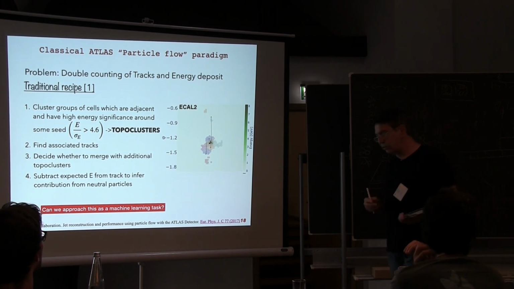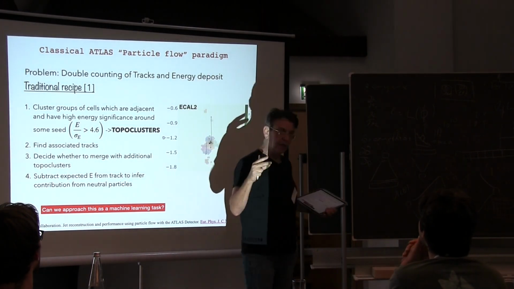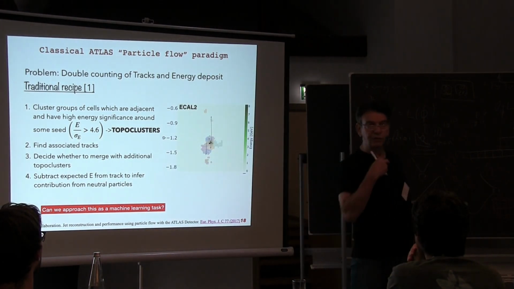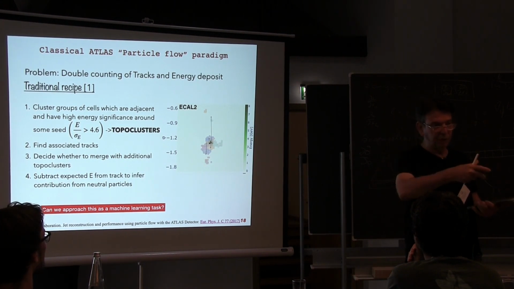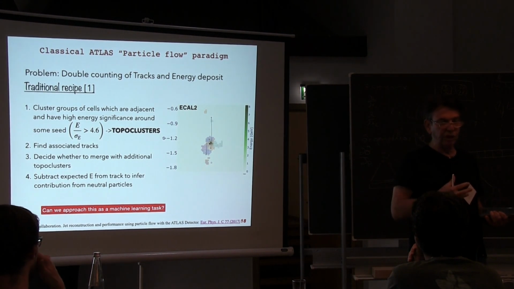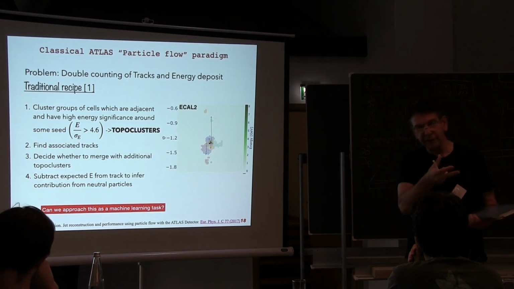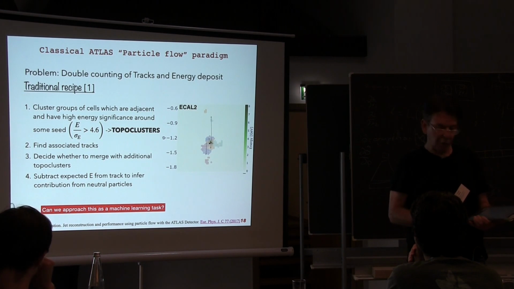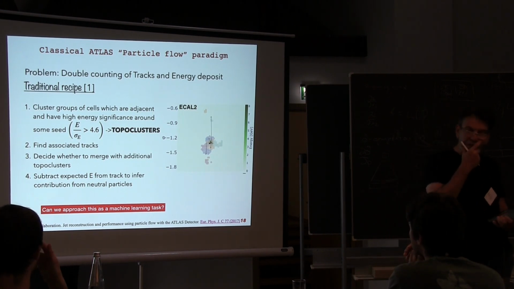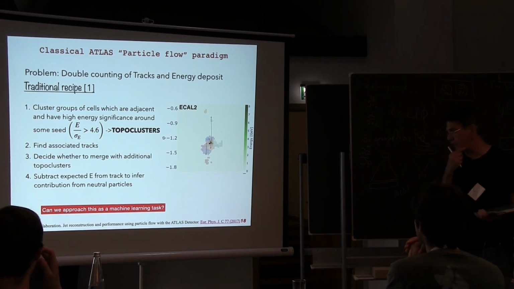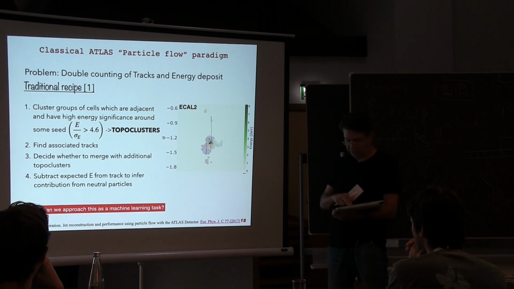It's very hard to really tell particle from particle, but you can try to calculate the correct total energy of the event this way: guess how much energy the charged track deposited in the calorimeters, subtract it, and get the total energy of the event. So the question we ask ourselves is, can we approach this problem as a machine learning task?